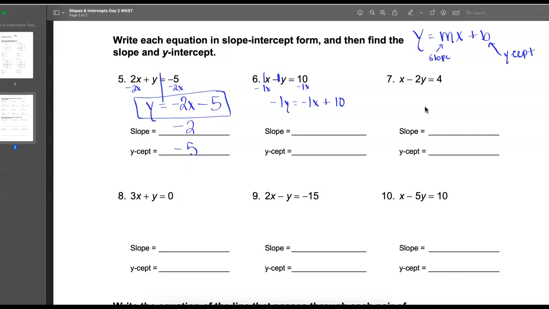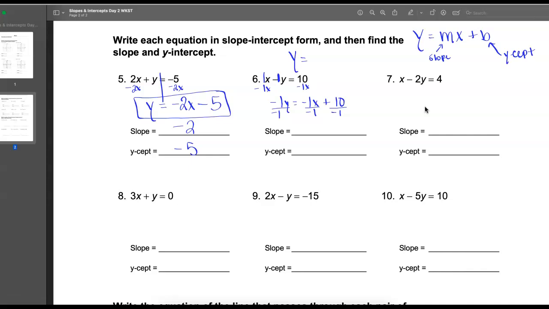I don't have y by itself yet. What do I have to do? Divide by negative 1. So we're dividing each term by negative 1. What's my equation then? Lola, what do you think? No, y equals positive 1x plus 10.